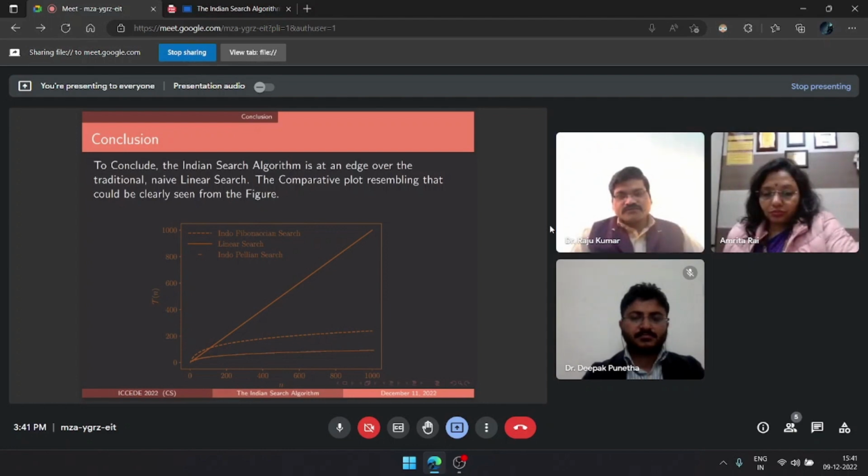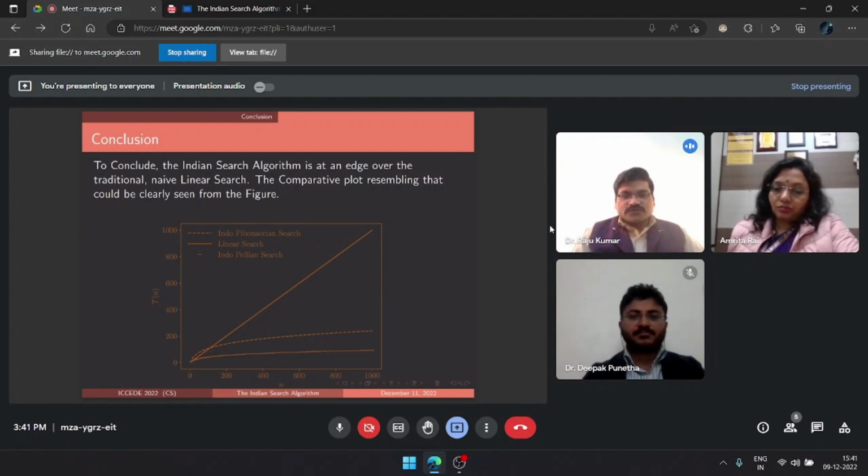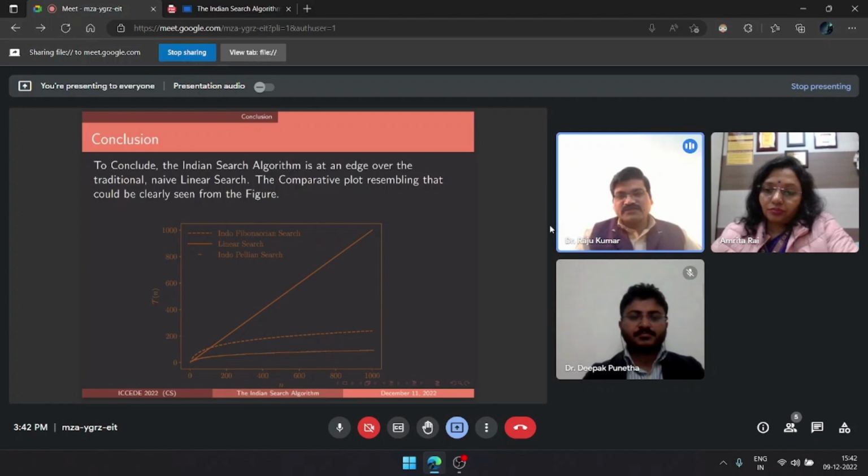The linear search is a naive technique, but if we make use of the binary search as a contrast, it is quite similar, but in comparison with the naive searching technique, it is going to act much better. As you are working on the algorithm, you must be aware that the binary search algorithm is better than the linear search, and you have compared your algorithm with the linear search instead of the binary search or some more advanced search.